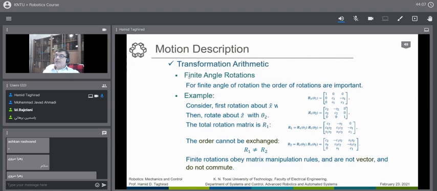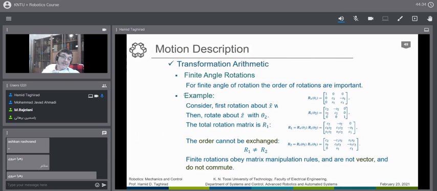In transformation arithmetic, consider that we have two consecutive finite-angle motions. Let's say 30 degrees in one direction and 60 degrees in another direction. Can we change the order of the rotations?